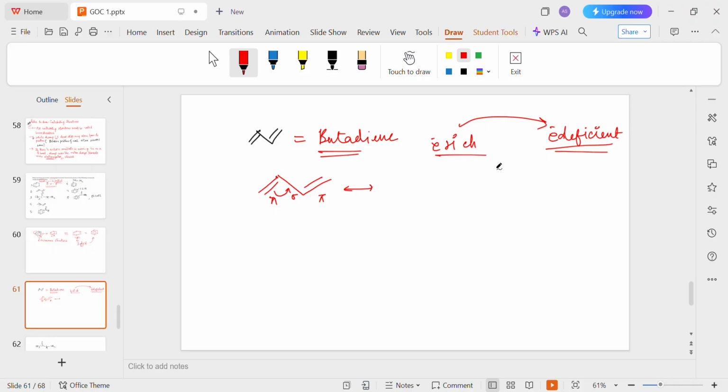This convention is different from the arrow you had learned to draw in dipole moment. Okay, this is different from that. In all reactions and in resonance also, the arrow is always made from electron rich and ends at electron deficient. So alkene is electron rich as compared to this sigma bond, so this arrow is drawn towards sigma bond. Okay, electron rich to electron deficient.